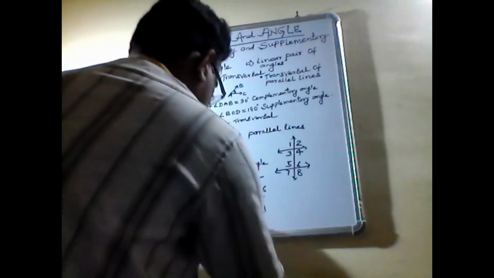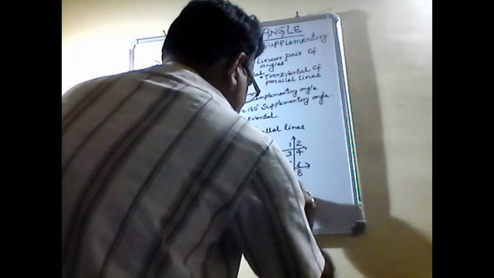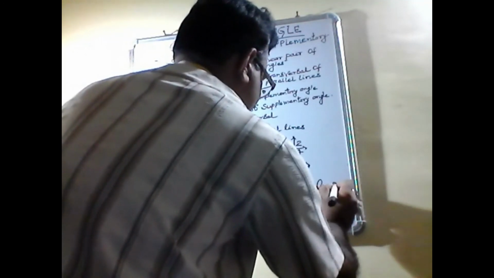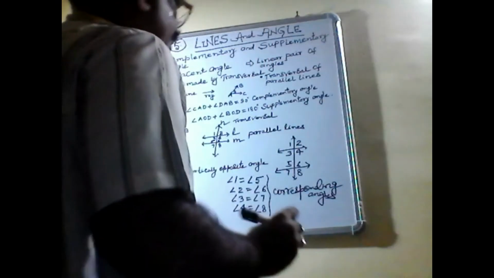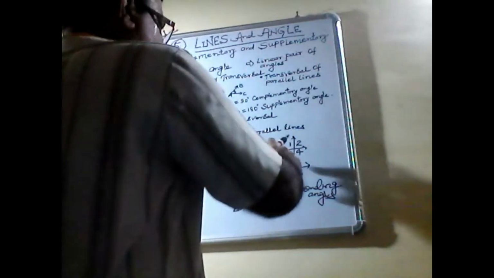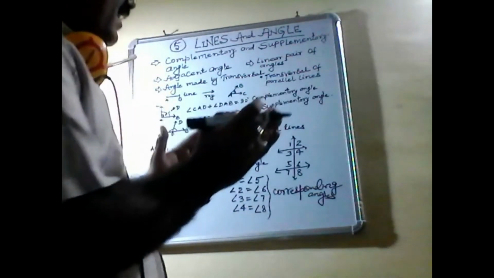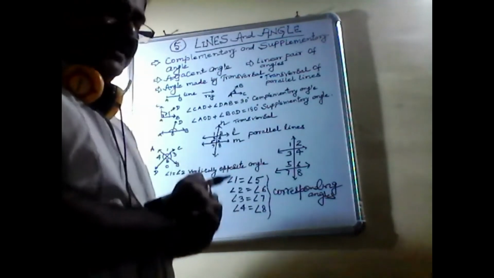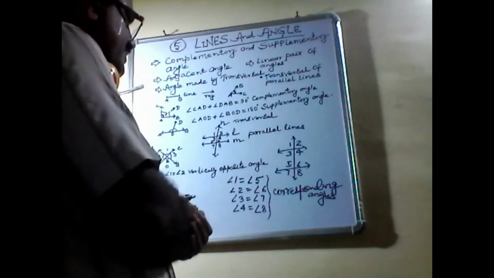These are the corresponding angles. When the transversal intersects the two lines, the interior angles will be 3, 4, 5, 6. These four angles, which are situated inside the two parallel lines, are called the interior angles. So these are some conditions.